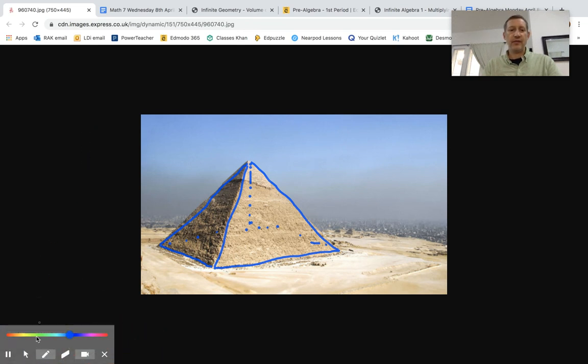Let me draw a rectangular prism to kind of show the contrast. So a rectangular prism, let's say it had the same kind of base, right? You can see this has a square or rectangular base, and so does this one, sort of.